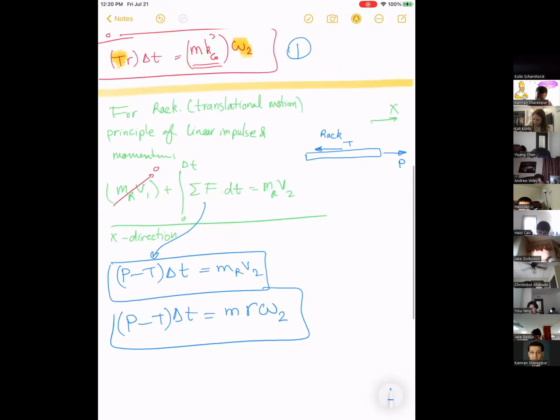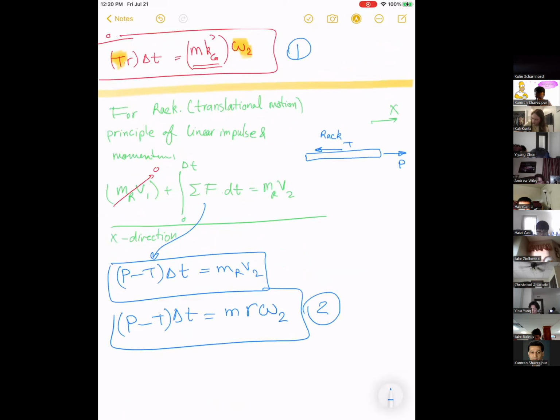Now you have two equations and two unknowns. This is 1. This is 2. You can solve for T and omega. For example, from 1, you can calculate T, which is going to be M k_G squared divided by R delta T times omega 2.